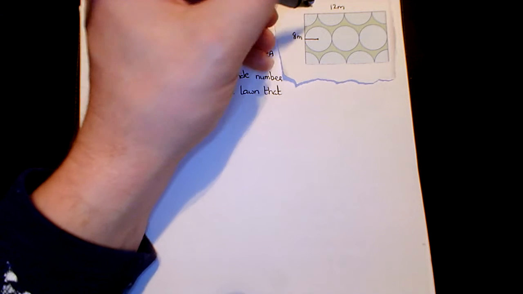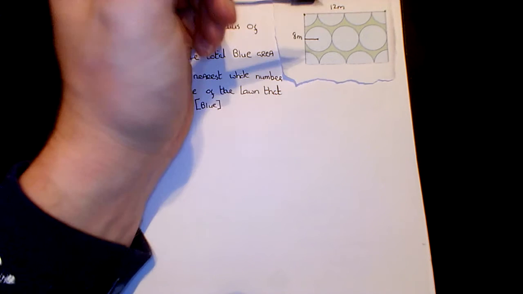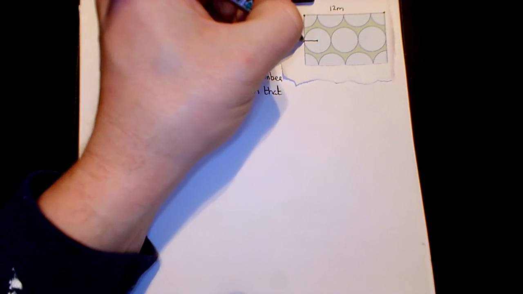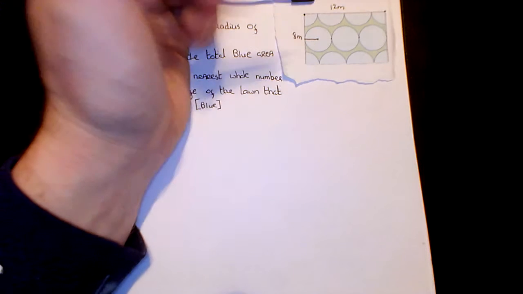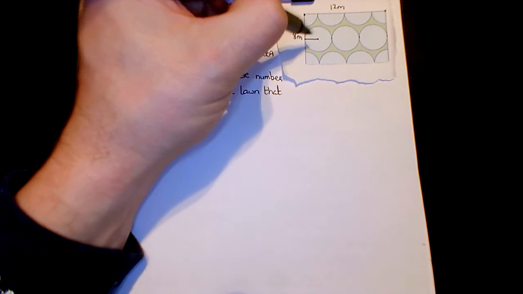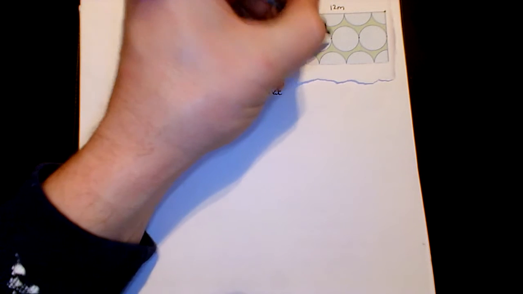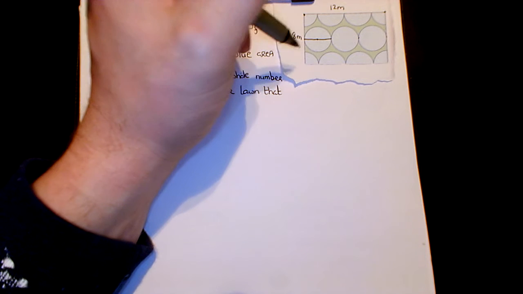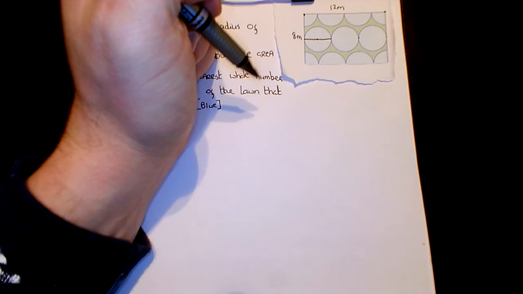But what they do tell us is that from here to here is 12 meters, and 3 of the circles exactly fit into that 12 meters. So we should divide our 12 meters by 3 and we get the diameter of a circle.